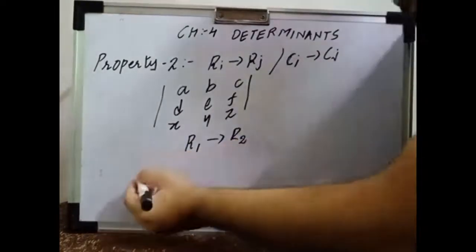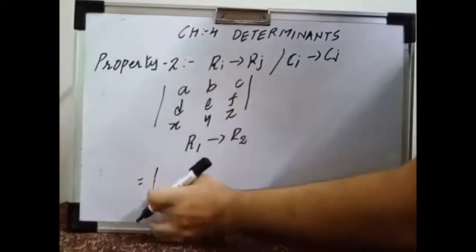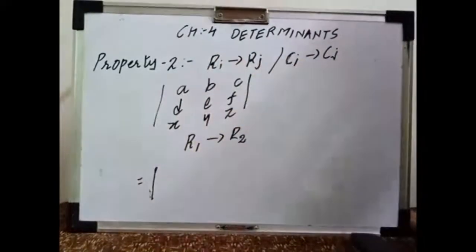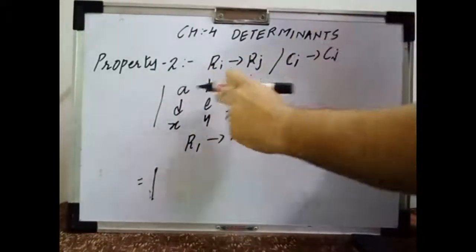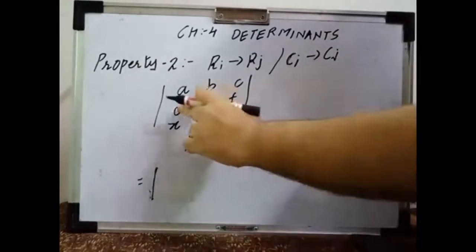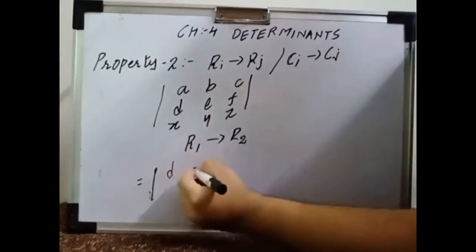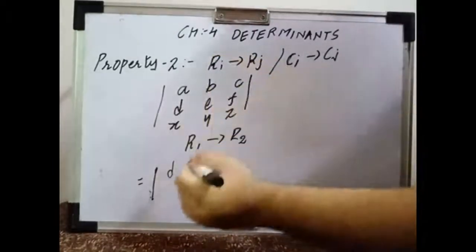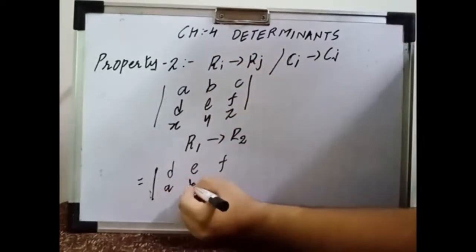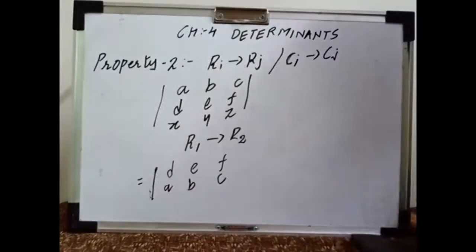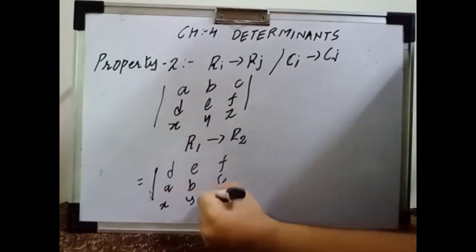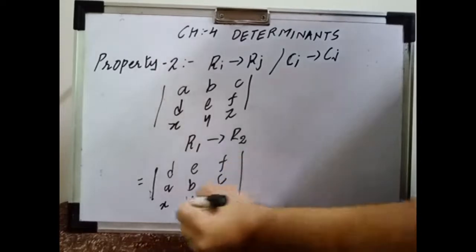Clearly in this determinant, your row 1 is ABC and your row 2 is DEF. So row 2 will become your row 1 and row 1 will become your row 2. The third row will be as it is, right?